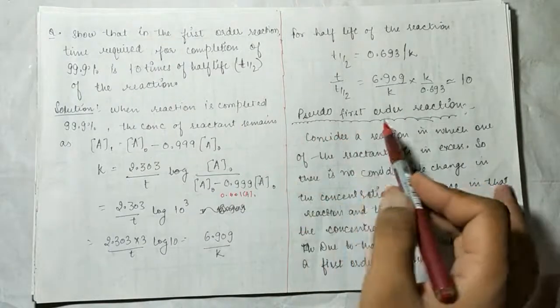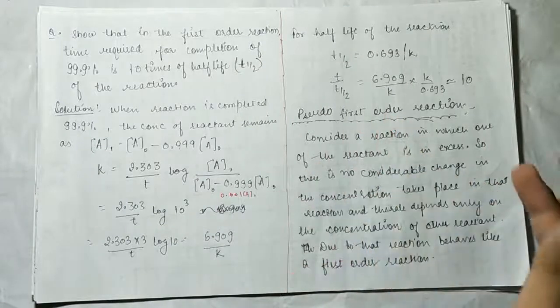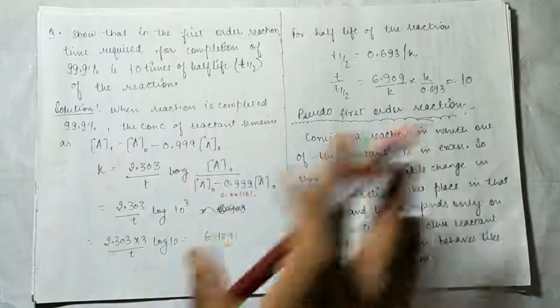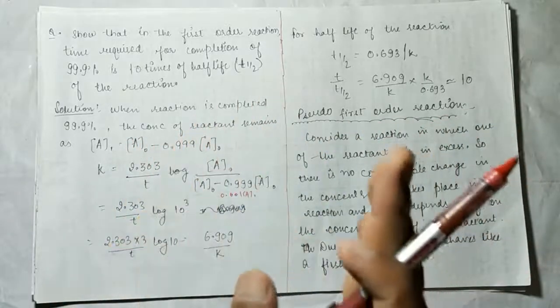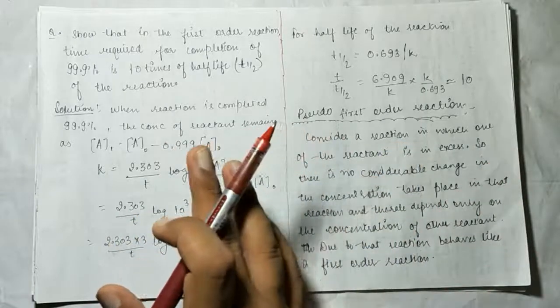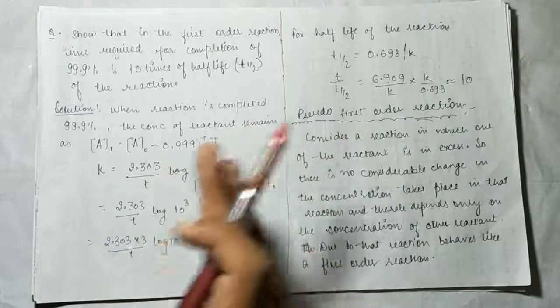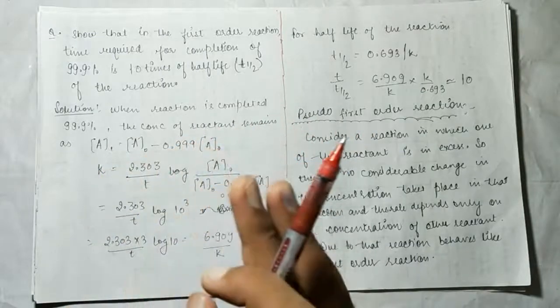Then after that, pseudo first order reaction. What is a pseudo first order reaction? Actually, a pseudo first order reaction is a reaction in which two reactants are there and both the reactants participate in the reaction, but one of the reactants is in very large excess. Excess amount means there is no considerable change in the concentration of that reactant.